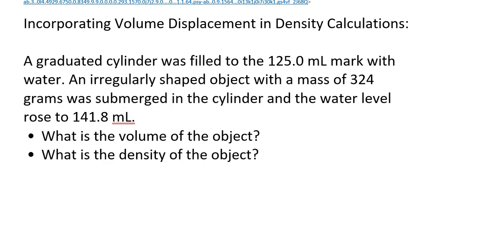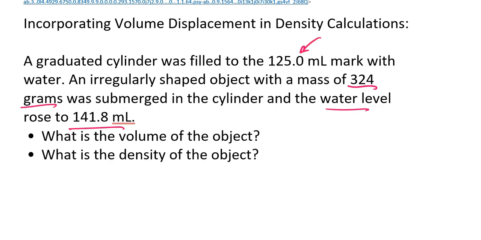Then I'm going to add an irregularly shaped object like that rock we were talking about at the top of the slide, and it has a mass of 324 grams. And once the object was submerged, meaning it was completely covered with water in the cylinder, then the water level rose to 141.8 milliliters. So what is the volume of the object?